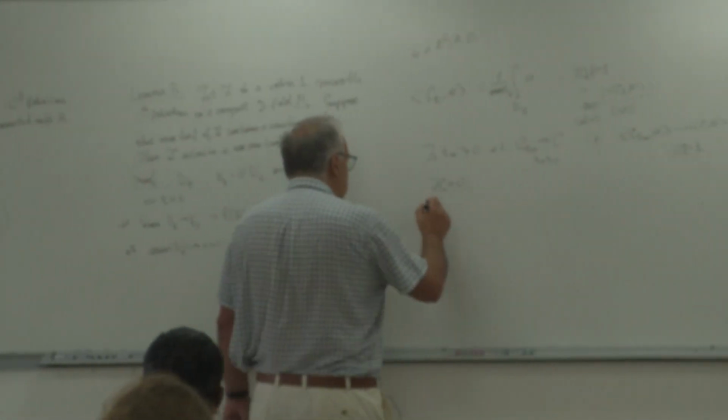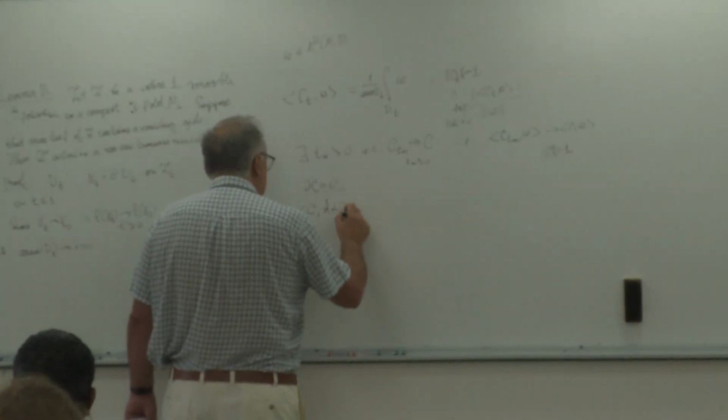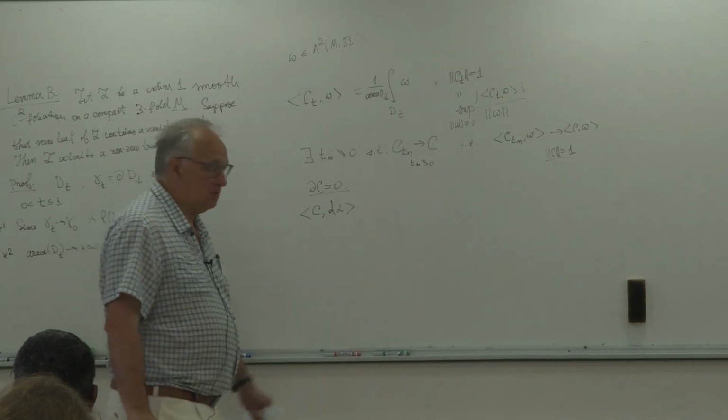Well, so I take one form alpha, and I need to prove that this is 0.